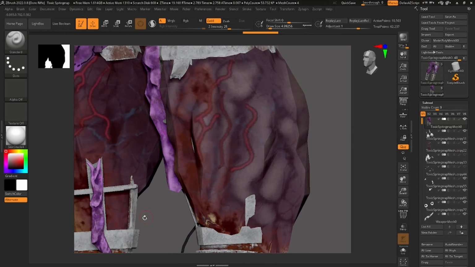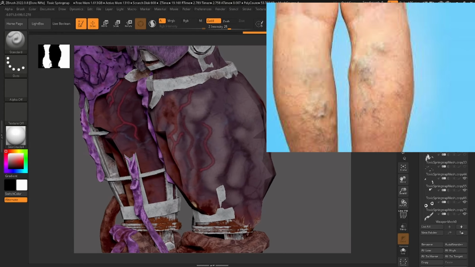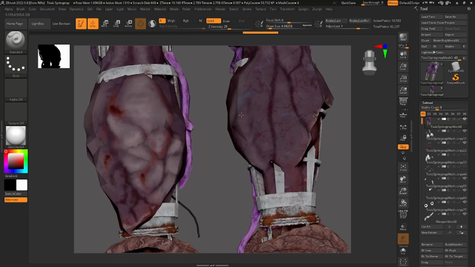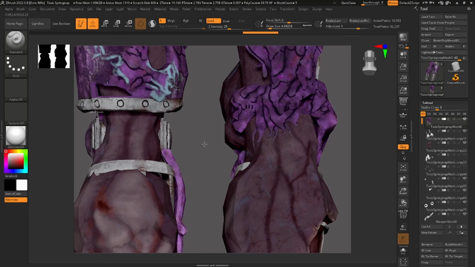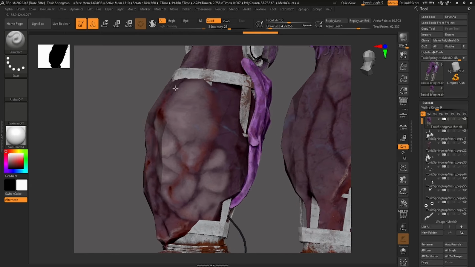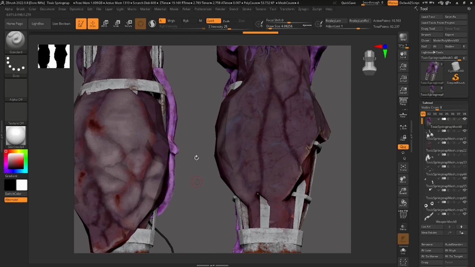See the veins? He's got a serious case of varicose veins in his legs. Tumors at the back of the knees. And another thing, his muscles are swelling.